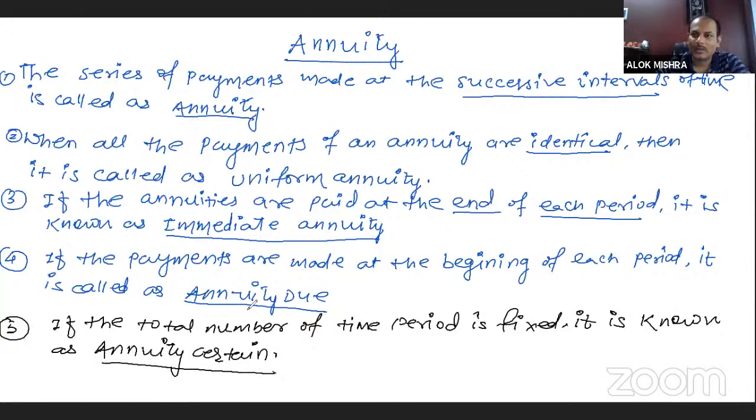Annuity certain because I know well in advance for how many years I am going to make the deposit. Fine. Can I change the page? Or you can just refer to the video afterwards, because I have some more points to cover, you can refer to the video and write it down. Fine.